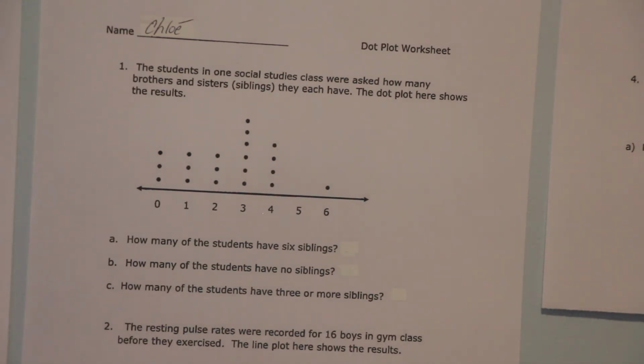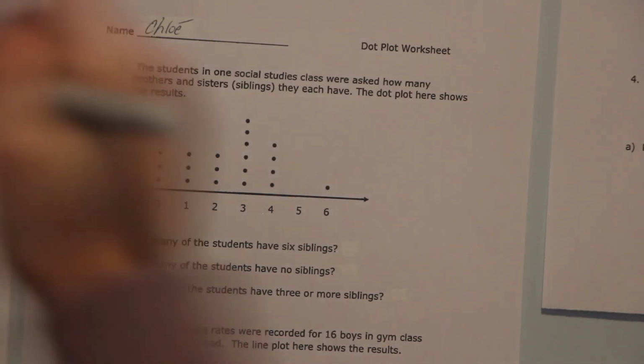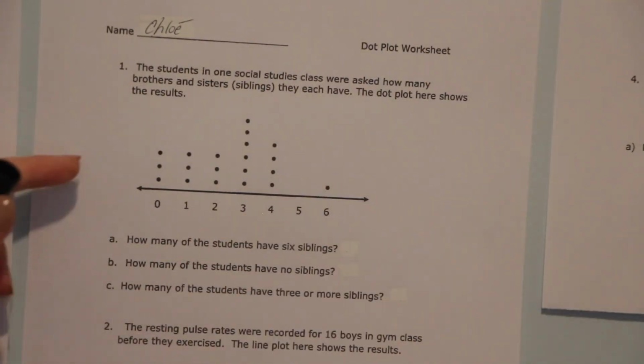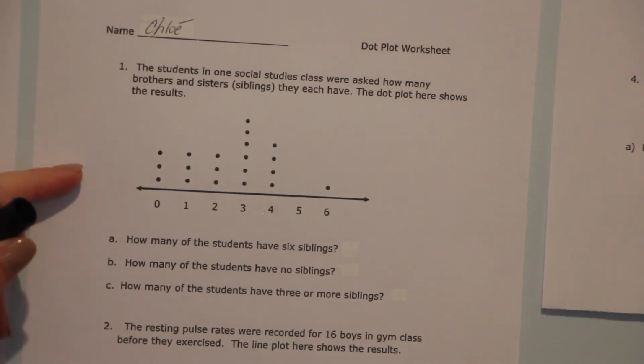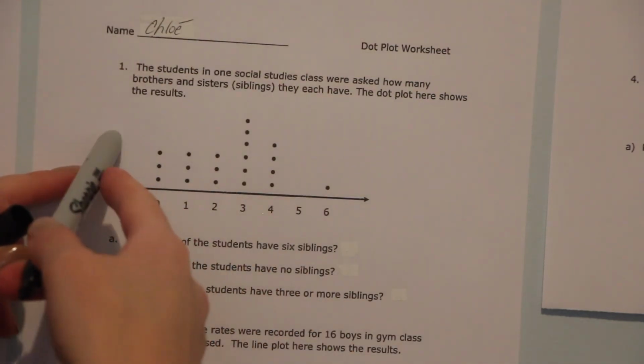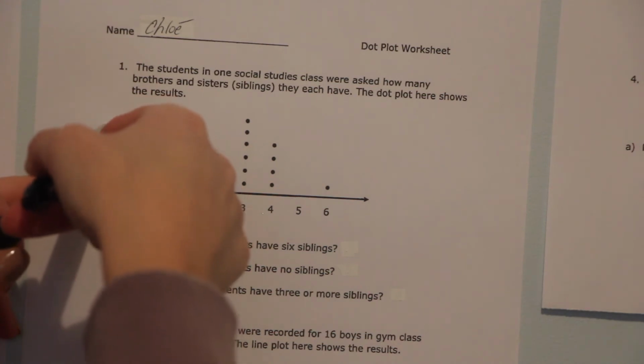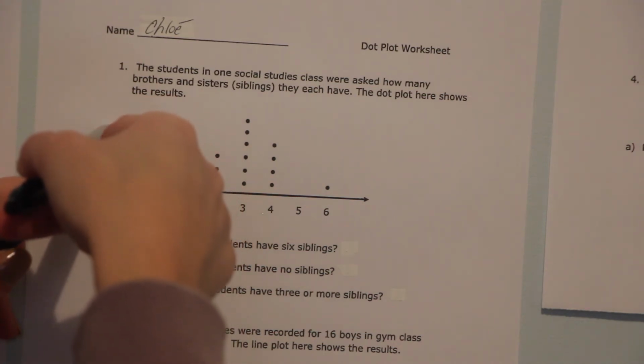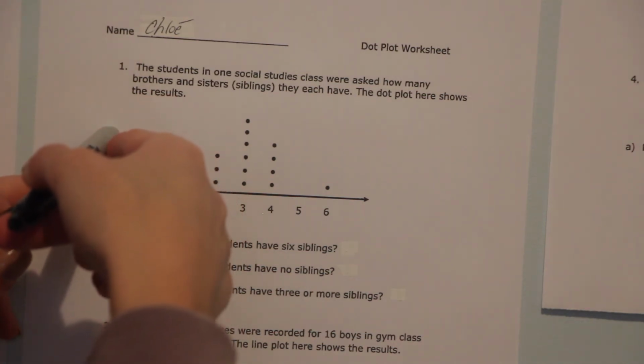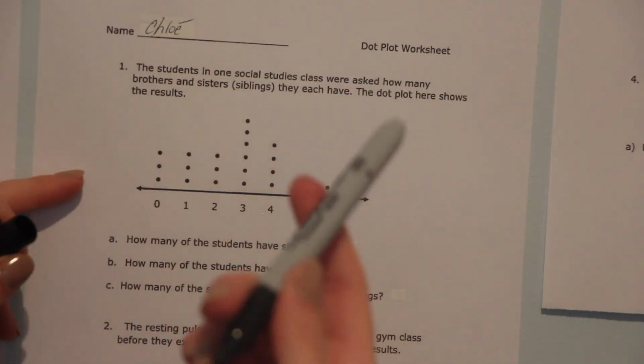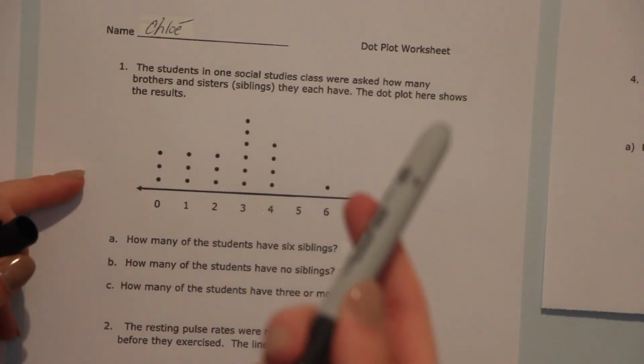So we're just going to start with this worksheet. So this is what a dot plot looks like. So this basically is showing us the students in one social studies class. They were asked how many brothers and sisters, so siblings, they each have. The dot plot here shows the results.